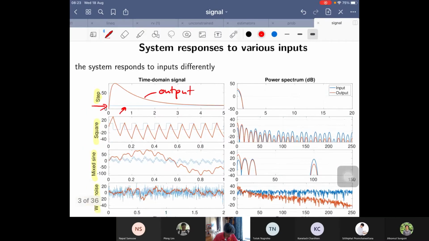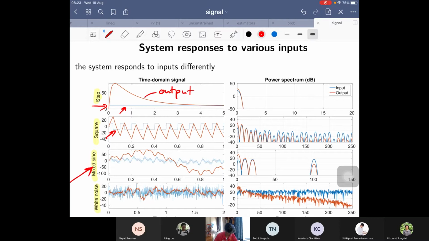How about square wave? Square wave is a common type of input as well. Of course, when we do the lab, we have signal generator, and this is one input type that we can generate from those equipments. The orange one is the response of y. Okay.